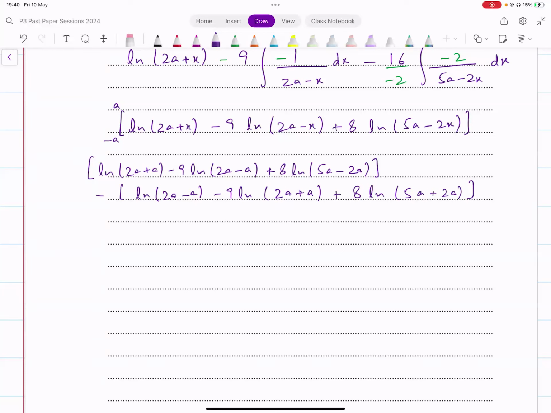Okay, you've input the limits here. Now simplify this. It becomes ln of 3a minus 9 ln a plus 8 ln 3a minus ln of a from here.